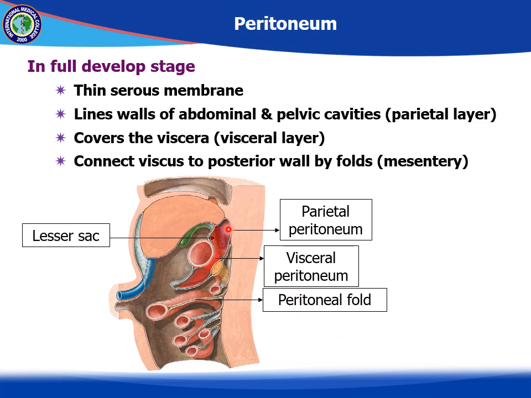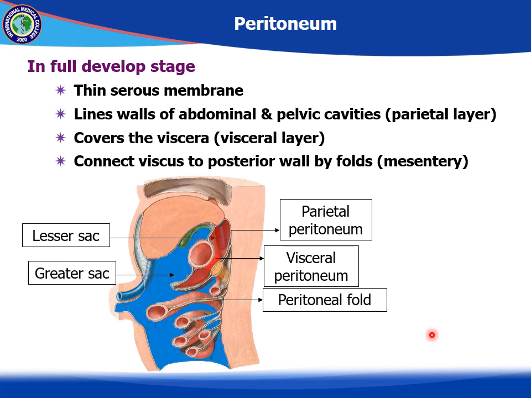Then the cavity trapped behind the stomach is relatively smaller, and it is known as the lesser sac. You can see the color change, and the rest of the part is the greater sac. So the greater sac below the umbilicus is continuous with the main cavity.